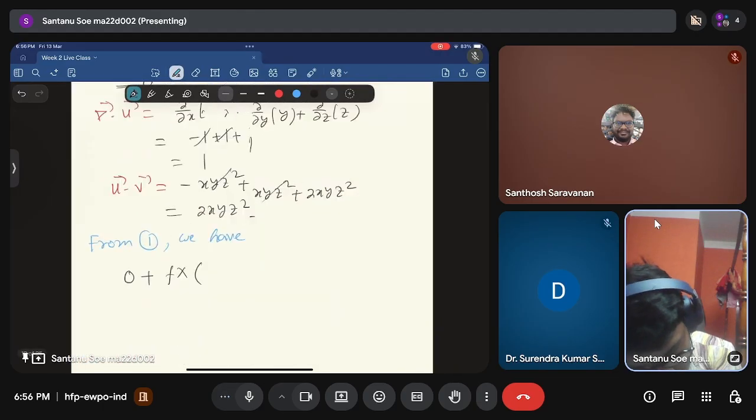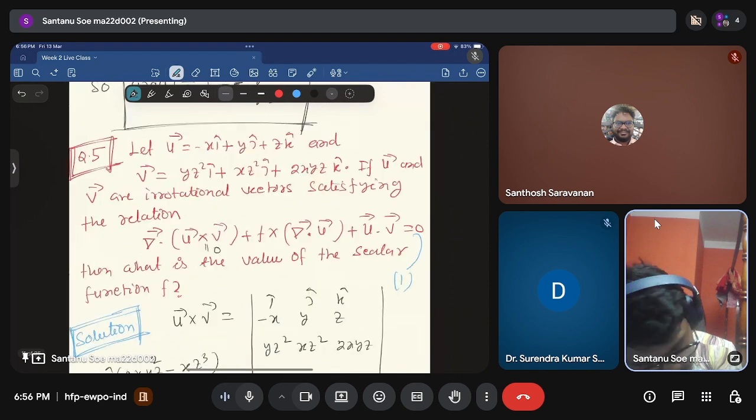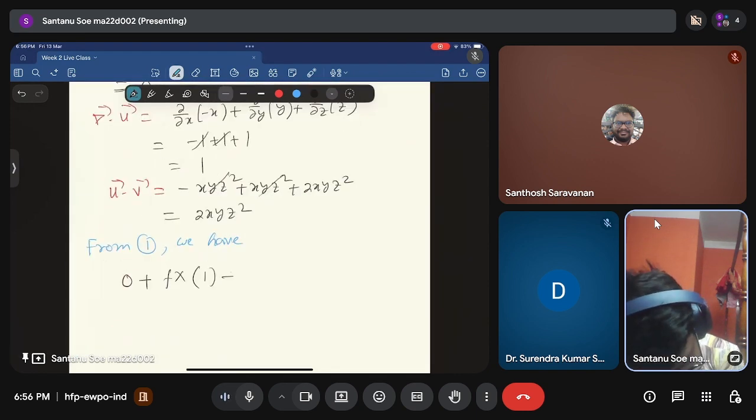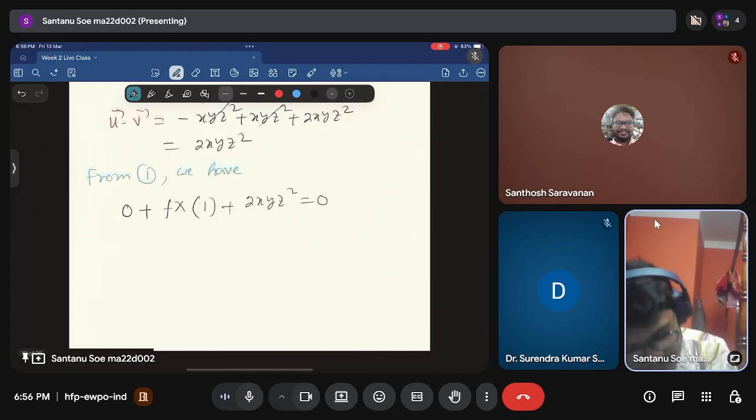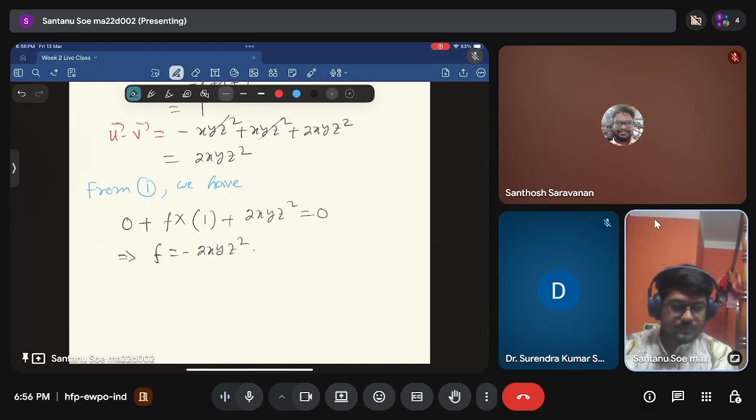So divergence of u is just 1. Okay, and then u dot v is 2xyz square, and this is all 0, correct? So from here we have f equals minus 2xyz square.